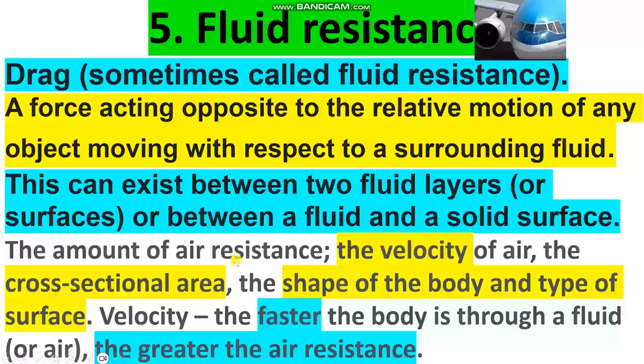The amount of air resistance, look here, depends on the velocity of the air or the body. Assume the aircraft, the cross-sectional area here, assume the wing cross-sectional area, and the shape of the body.